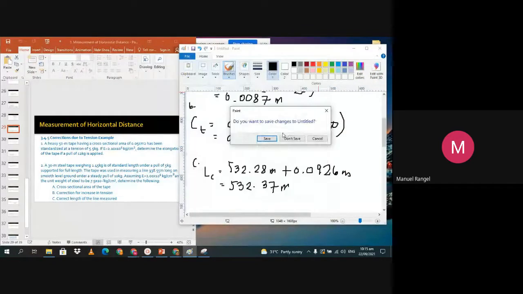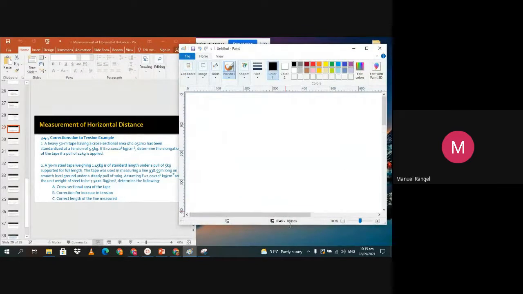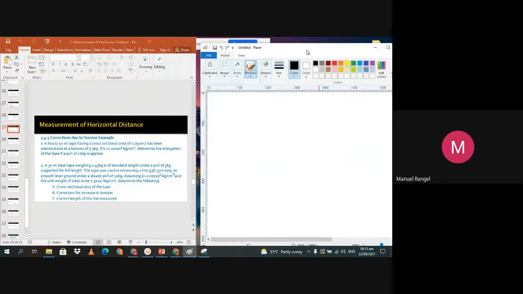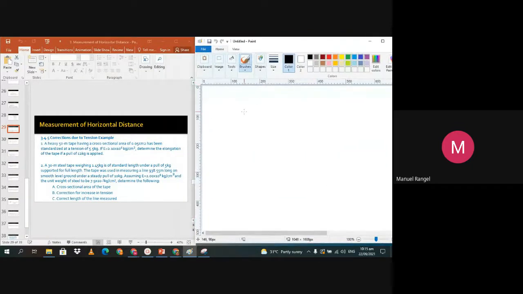So given is the nominal length of a 50-meter tape having a cross-sectional area of 0.05 square centimeter.